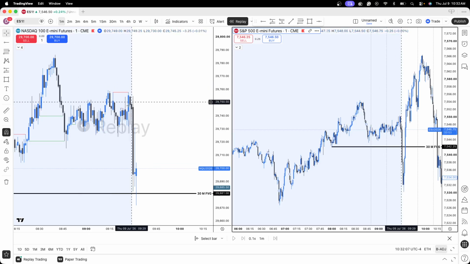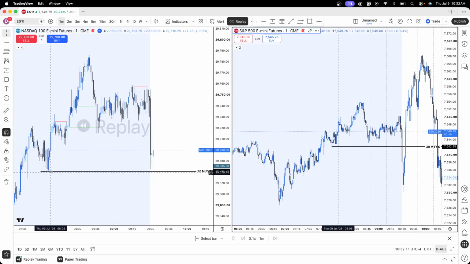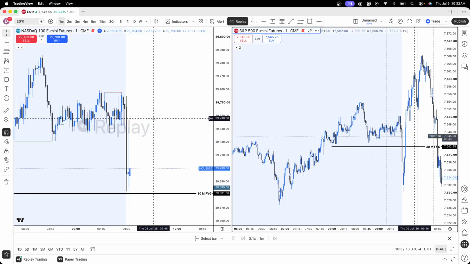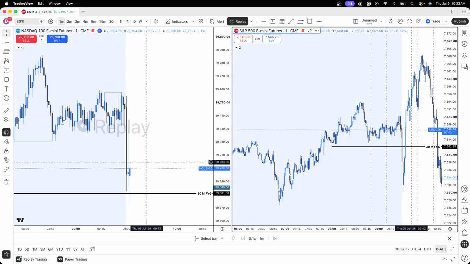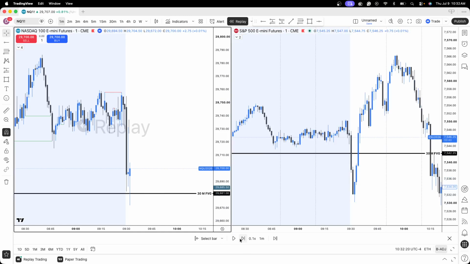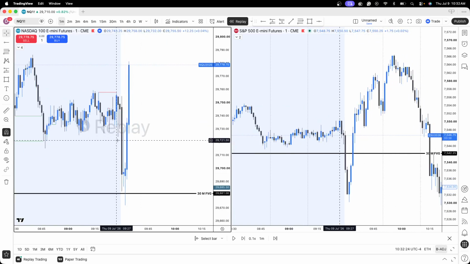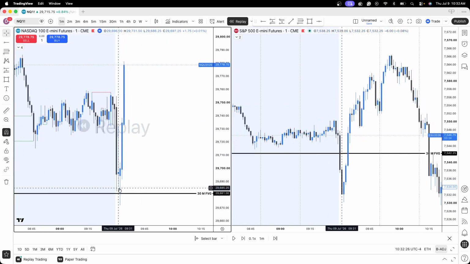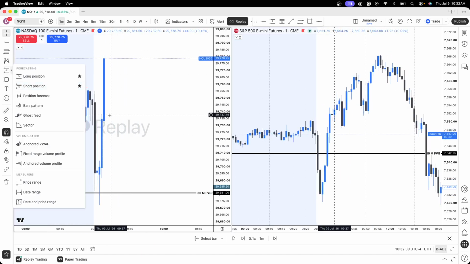So you swept all of this low resistance building up to this 30-minute fair value gap. This is technically low resistance as well. And we immediately get an inverse. There's a 30-minute gap here. Price wicks it out. You get your 30-minute gap.